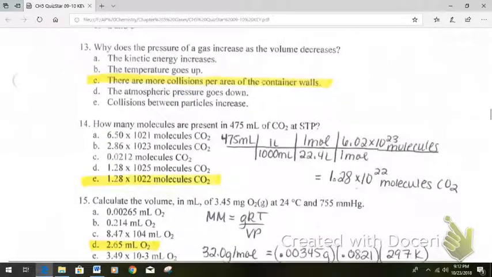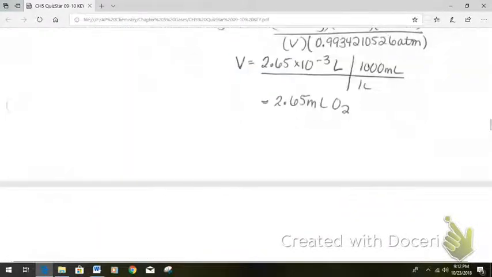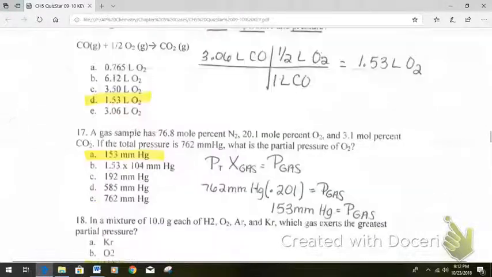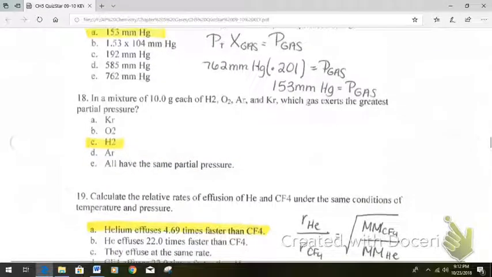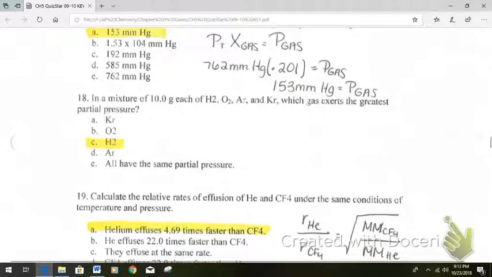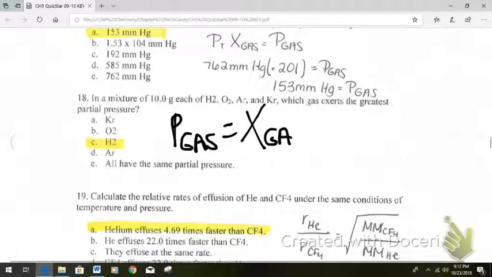Now the second question that was most missed is number 18. In a mixture of 10 grams each of hydrogen, oxygen, argon, and krypton, which gas exerts the greatest partial pressure? And remember, the partial pressure of a gas is equal to the mole fraction of a gas times the total pressure.